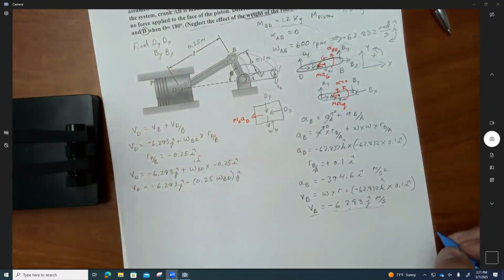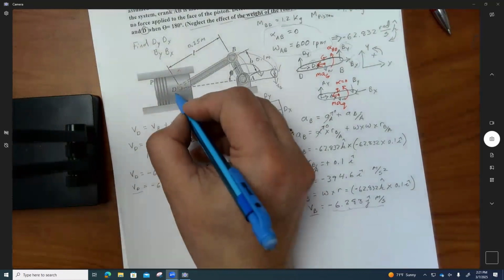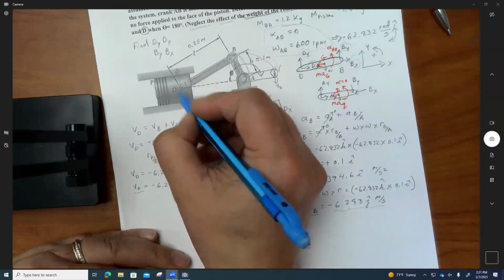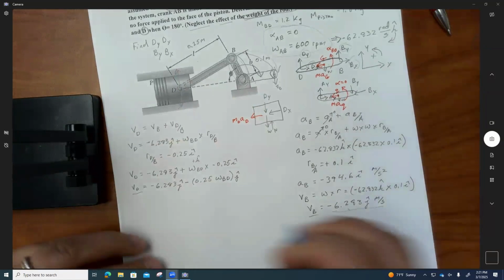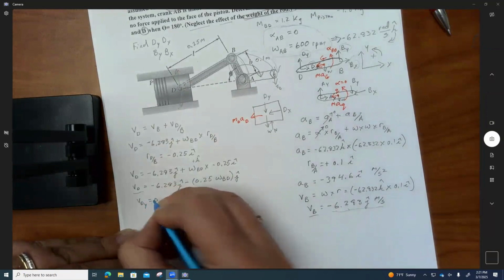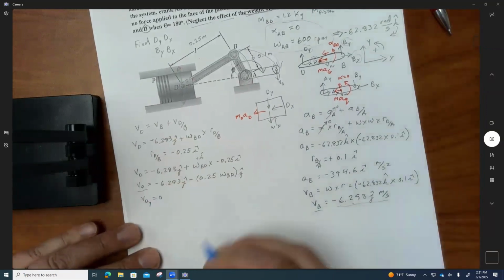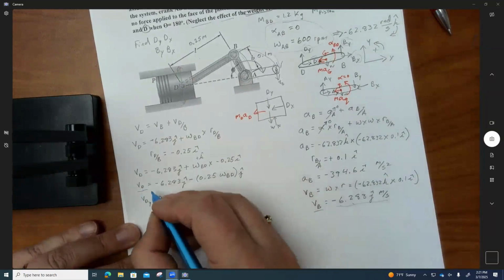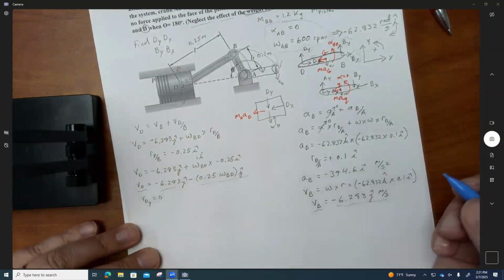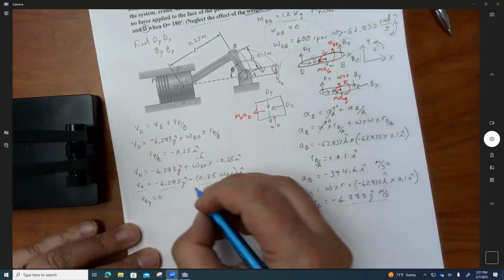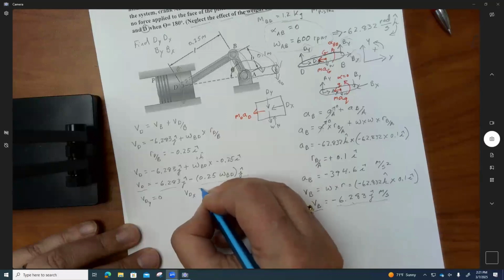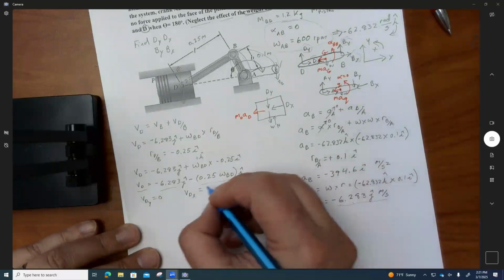All right. What do I already know about the velocity of D? I know that it cannot move up or down because it's constrained. It's a piston. So I know that the velocity of D in the y direction has to be equal to 0. That means that if I look at my terms here, I have no I component whatsoever for the velocity of D. So the velocity of D in the I direction is going to be 0.